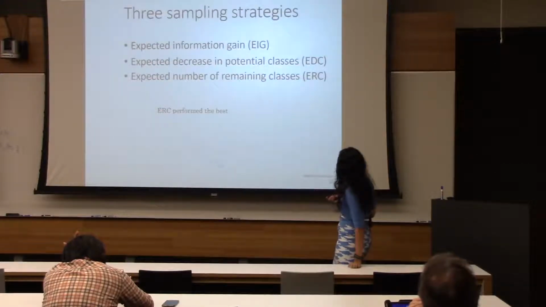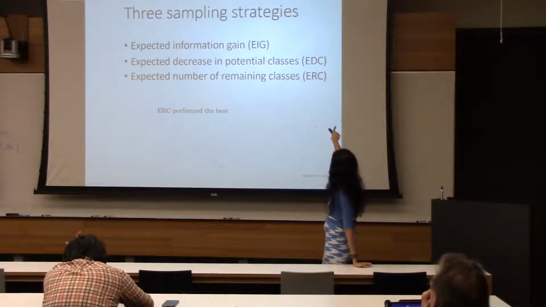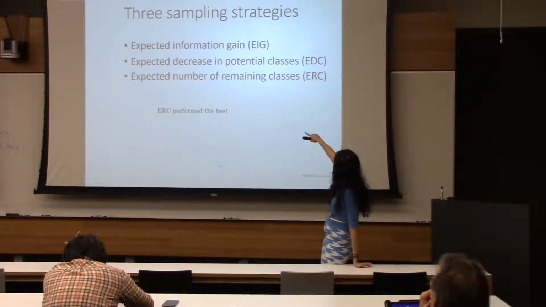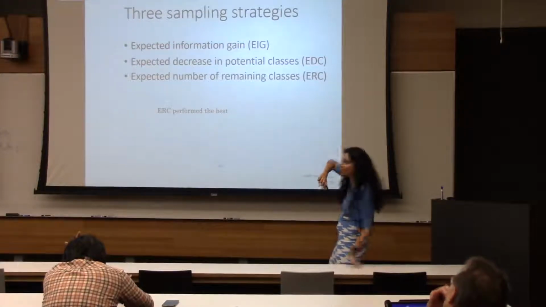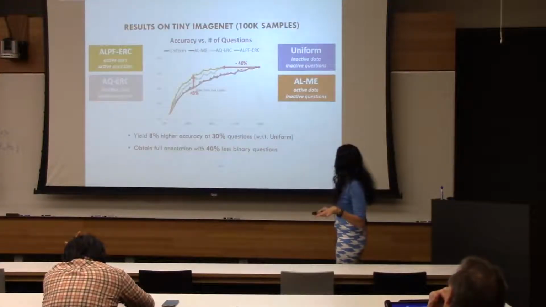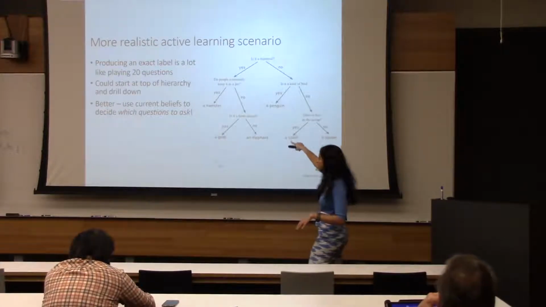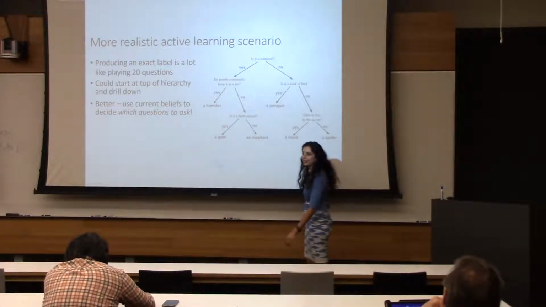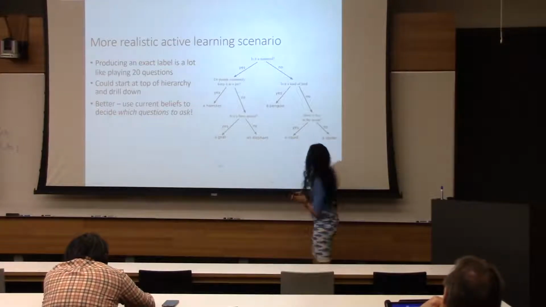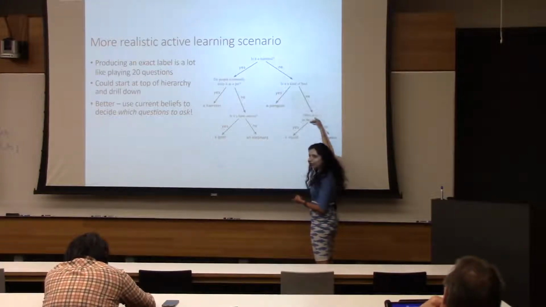You could also make it kind of more just a high-level information, right? You could just look at how many of the potential classes decrease, meaning if I'm very high up here, the number of potential classes is all these leaves, right? So that's a large number of classes. But the further down towards the leaf I am, I have only a few potential classes.